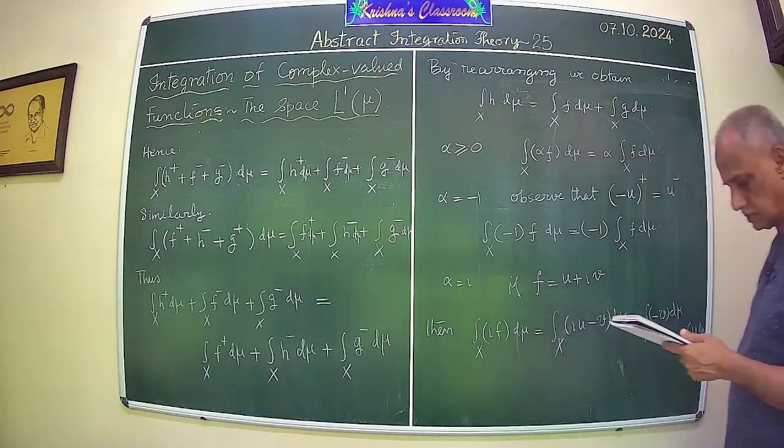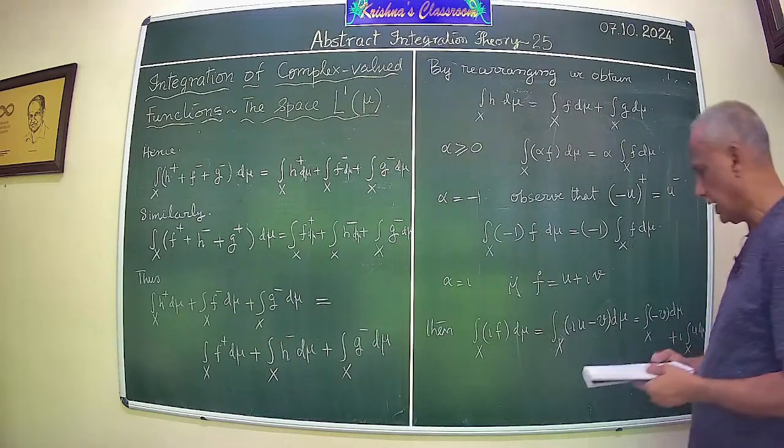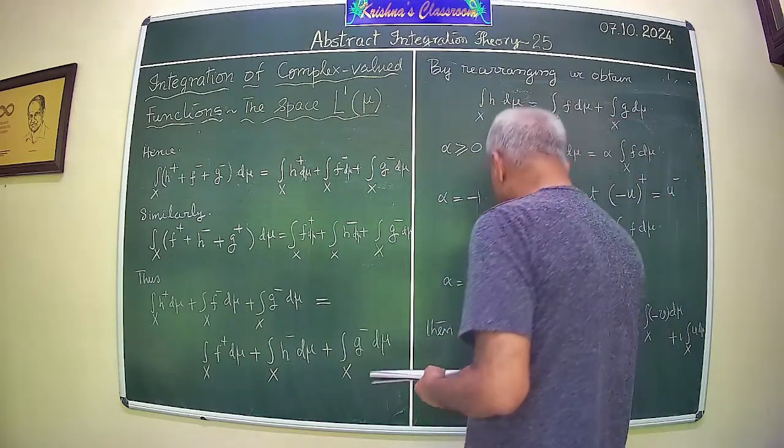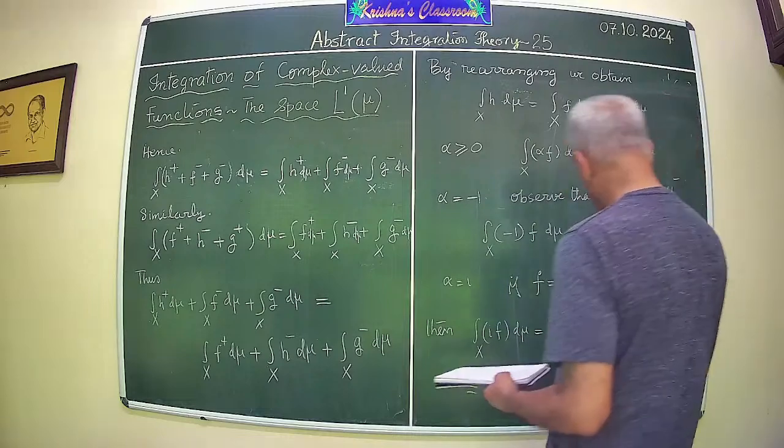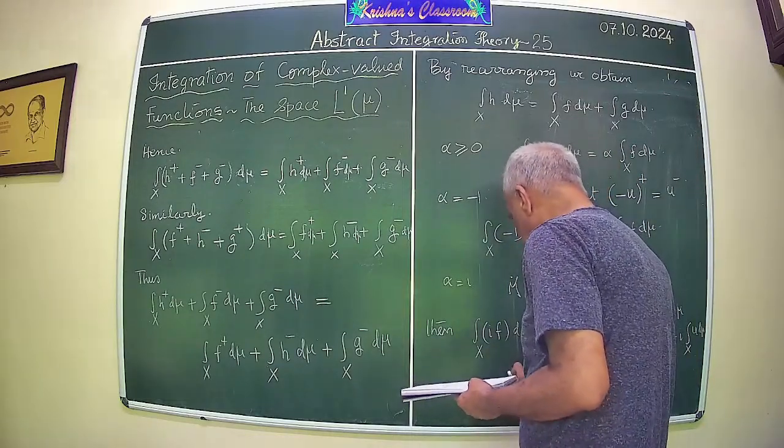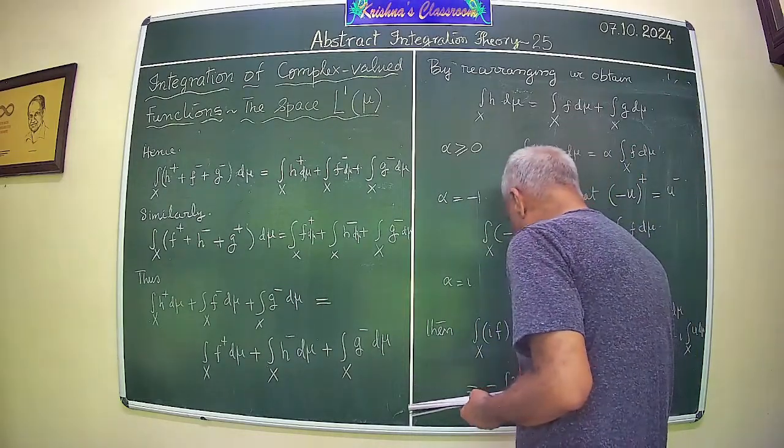This is this. Okay, and because of the previous one, you can pull this minus 1 out of the integral of dv.